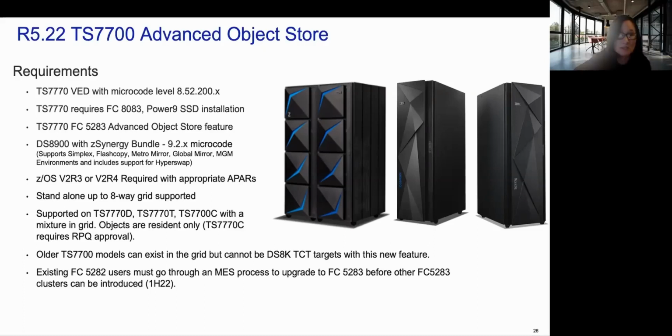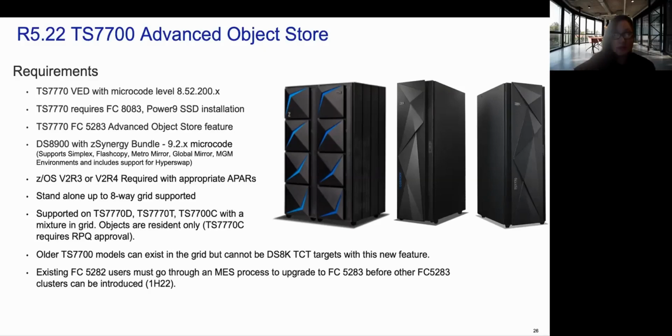So no limitations on that. On the zOS side, Robert actually just talked about some APARs that you would want to have mainly for the multi-cloud. There's no direct APARs related to advanced object store necessarily, but you'll want the APARs that support the additional items, including the multi-cloud.